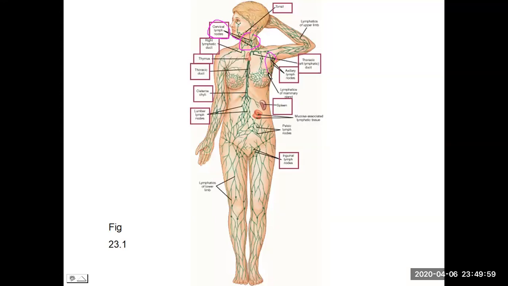In the underarm, the axillary lymph nodes, right here in the abdominal region, the lumbar lymph nodes, and at the groin, inguinal lymph nodes. So simply just those major clusters. And anywhere on this illustration, the green lines would represent lymphatic vessels, or here it simply says lymphatics.